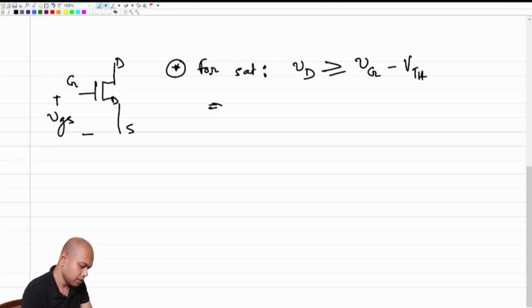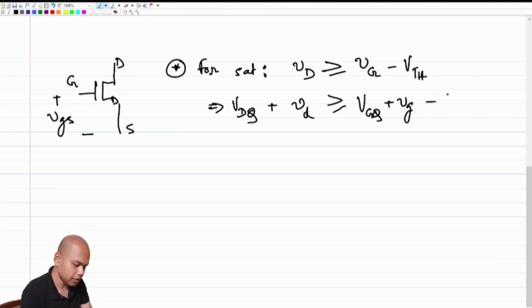In other words, if I break it down, what is the total drain voltage? Total drain voltage is nothing but the quiescent drain voltage, VDQ, plus the incremental drain voltage, which should be greater than the total gate voltage minus the threshold voltage. So this was the saturation region. This condition we had to ensure in order to make sure that the transistor always remains in saturation.